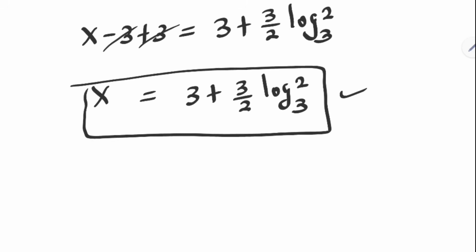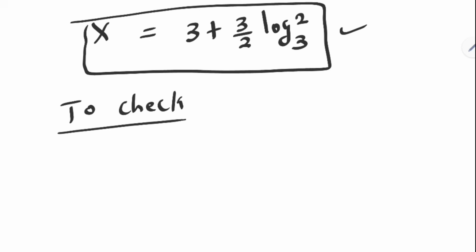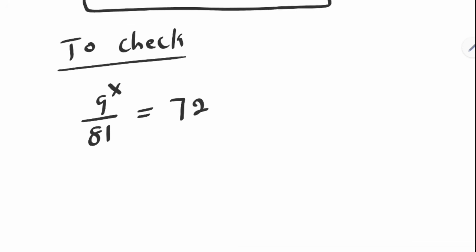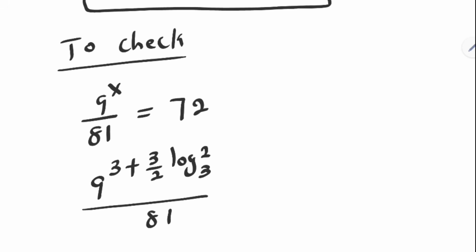Let's check. To check, we have the given equation 9 raised to power x over 81 is equal to 72. So this is 9 raised to power 3 plus 3 over 2 log 2 base 3, divided by 81 must be equal to 72.